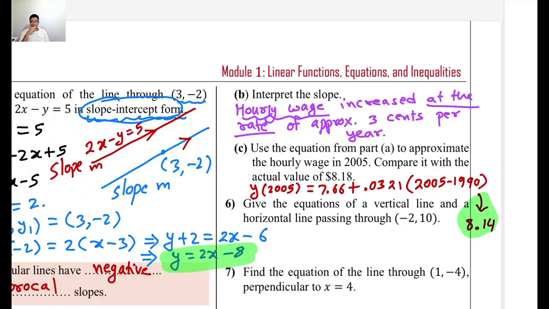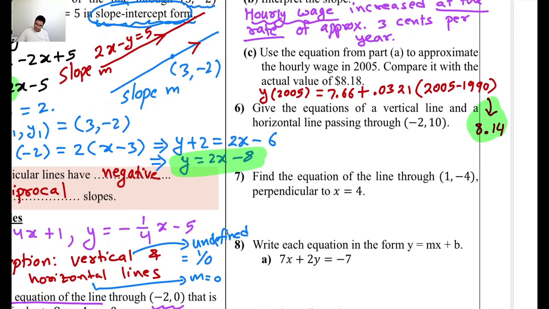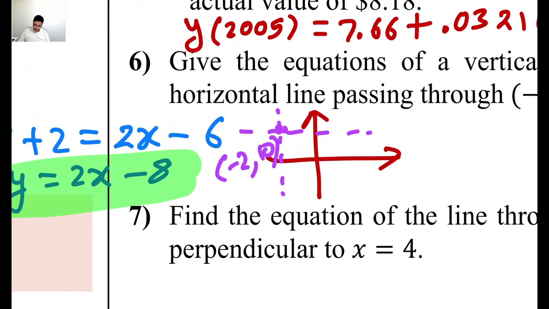Next question. Give the equations of the vertical line and a horizontal line passing through this point. This is a concept question. We don't need much space, so I haven't provided much space here. The point is -2, 10, not to scale, in the second quadrant, right? So the vertical line will be this, horizontal line will be that. I think I should zoom in to show it clearly. -2, 10.